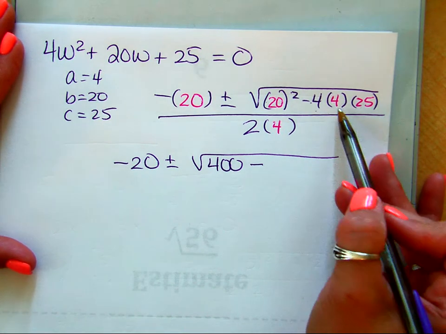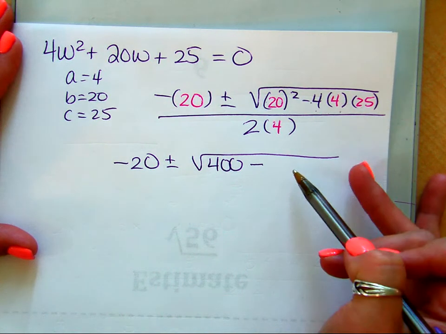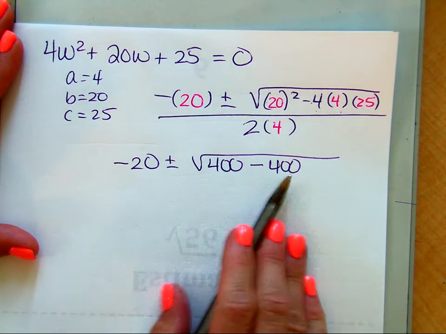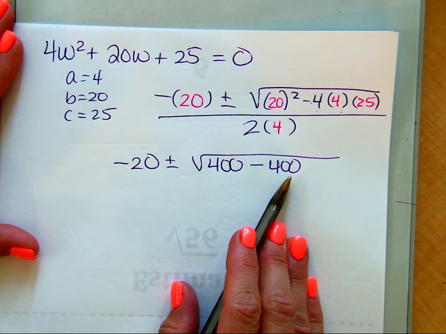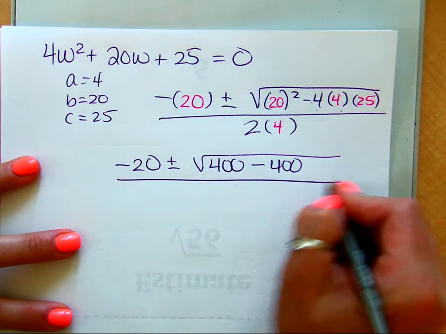But I can do 4 times 25 and get 100 and do 100 times 4 in my head. 100 times 4. Interesting. What's going to happen? How many zeros am I going to have? 1. This is tricky. Because the value of the discriminant is 0, but that doesn't mean you're going to have 0 zeros. It means you're going to have 1. Right? All of that divided by 8.